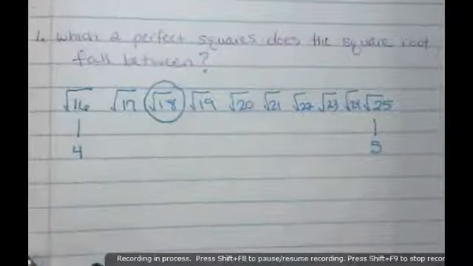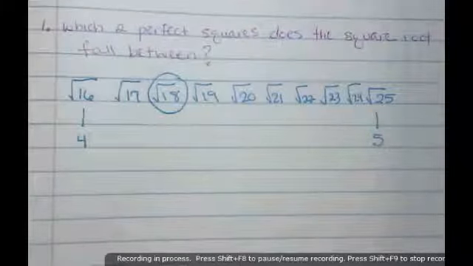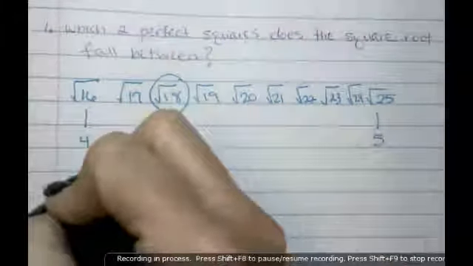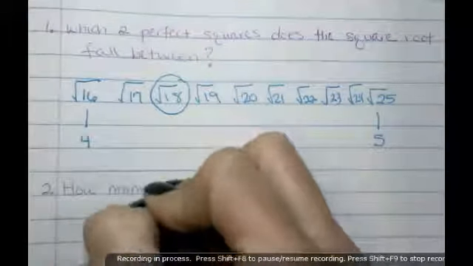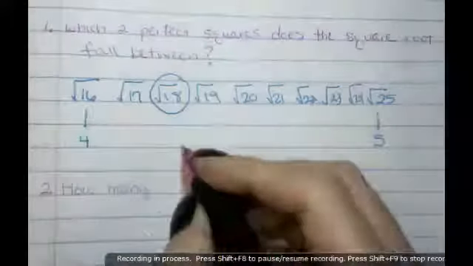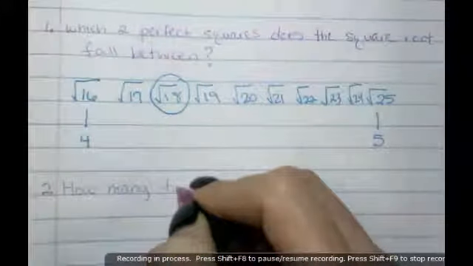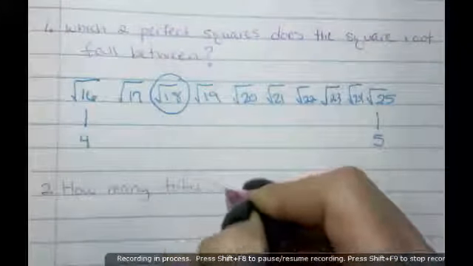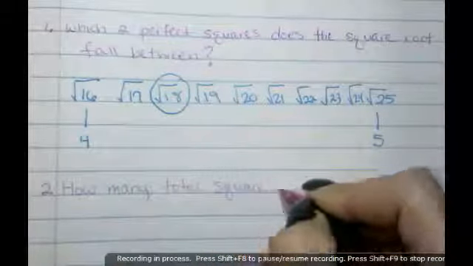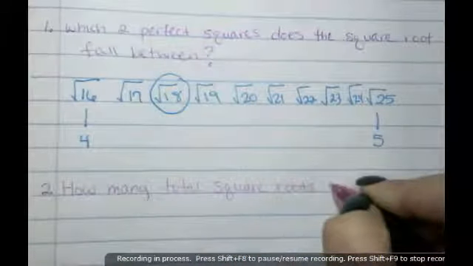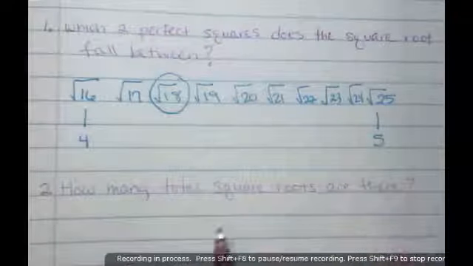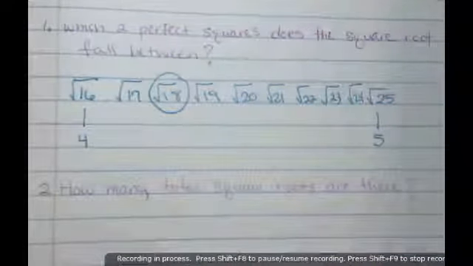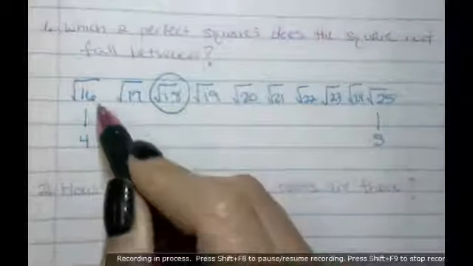I have to ask myself a couple of questions. How many total square roots are there? Sometimes this is worded in a tricky way. What I really want to know is how many jumps I am going to take.